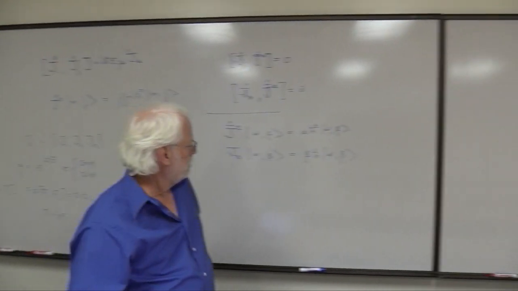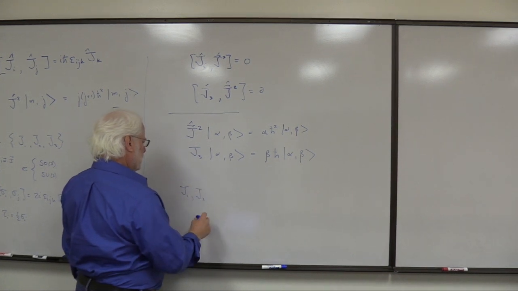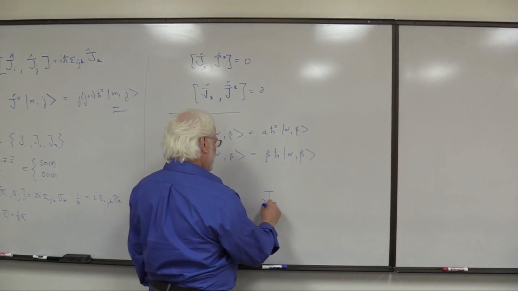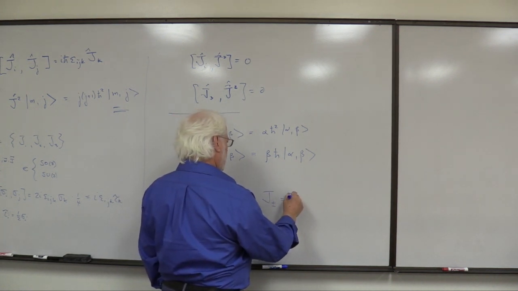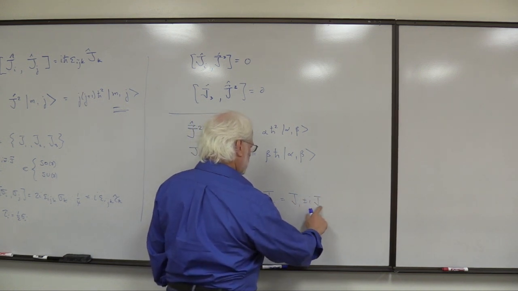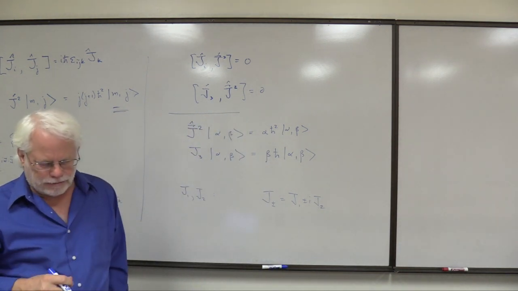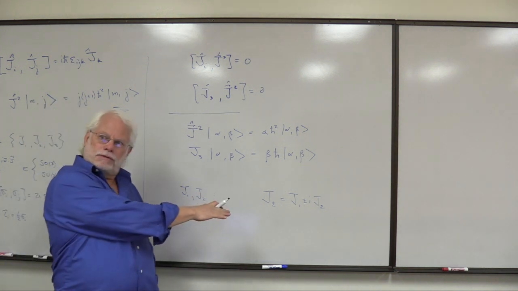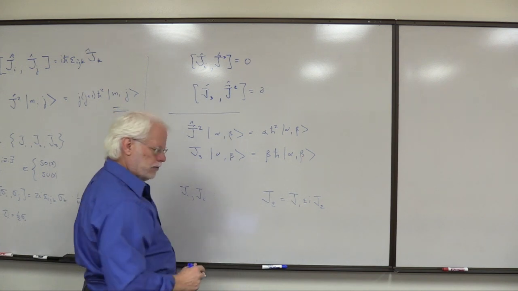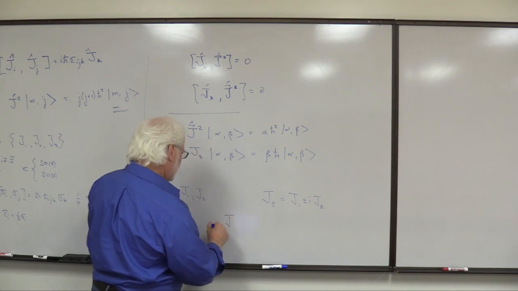Now, from the remaining operators, we also have J1 and J2. From these, I'm going to construct two new operators, different linear combinations called J plus and J minus: J1 plus or minus iJ2. We need to find the properties of those. Are you familiar with these, the raising and lowering operators? Yes, I remember that. So we would like to know how they interact with each other and with J3.